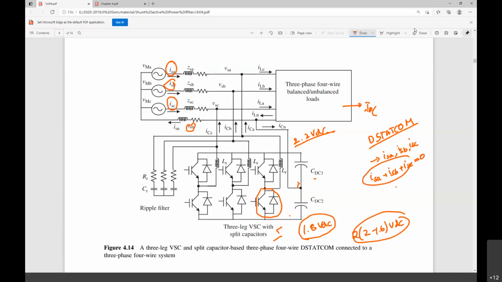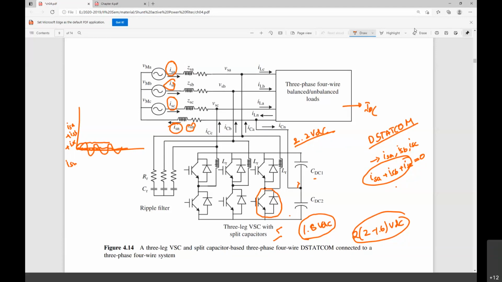When you draw the summation of all these currents, it should be captured at 0 only. That is the ISN you have been calculating. It should be 0. It should not have any current flowing, maybe a sinusoidal current, like this.